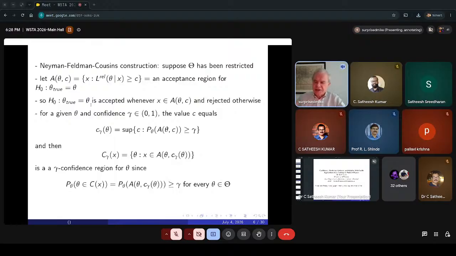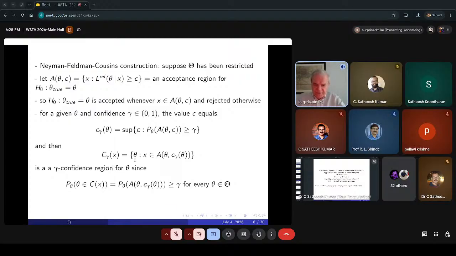So this is Neyman's accept-reject framework, right? And then what c should I use? Well, for each theta, you determine c sub gamma of theta as the supremum over all c so that the probability content with respect to the theta distribution of that set is greater than or equal to gamma. Okay, and then finally you construct your confidence region.